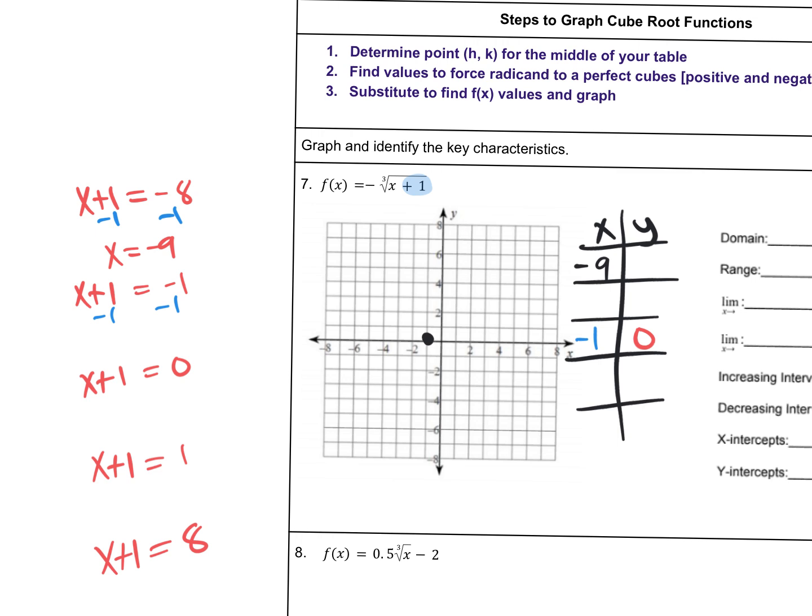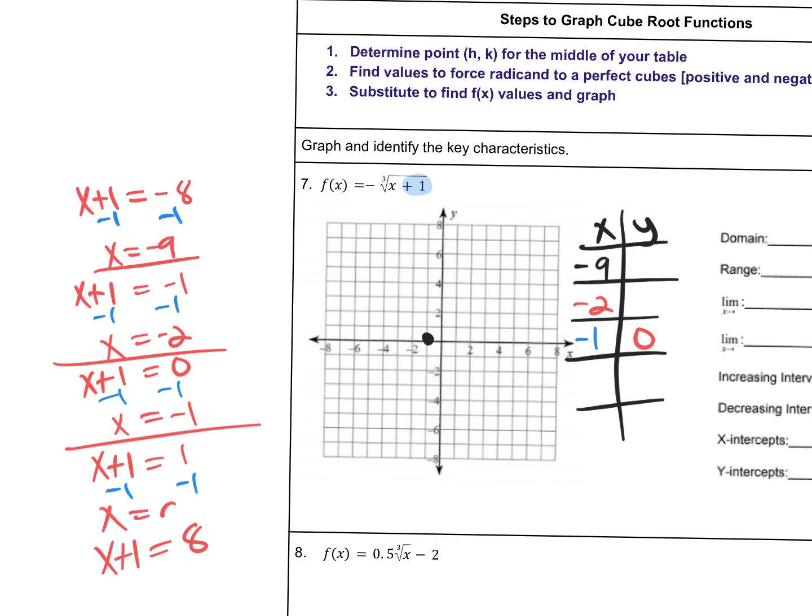So the next x value I want to use would be a -2. Once I subtract 1 from 0, that gets me the x value that's already in my t-chart, right? That one would be a -1. Subtracting 1 again gets me my 4th one, which would be a 0.